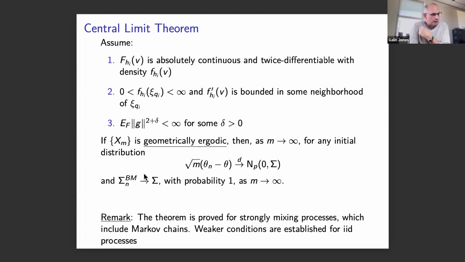We actually proved this theorem for strongly mixing processes, which include Markov chains, so it's more general than that. And of course, you can weaken some of the moment conditions in the IID setting. So this result actually applies more generally than just Markov chains.